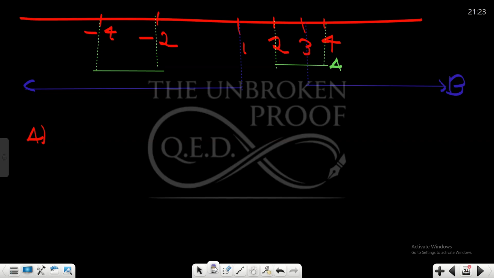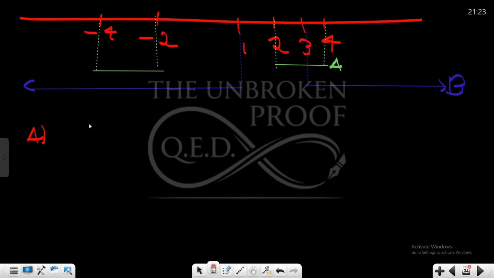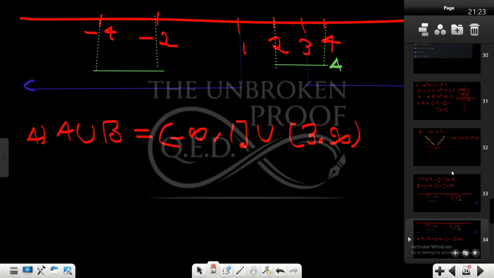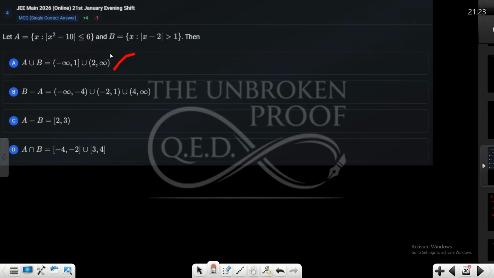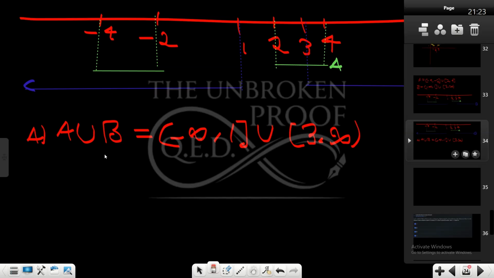That is your A union B, right? A union B is minus infinity to 1 union 3 to infinity, but the option says 2 to infinity, right? So this is wrong. So let me calculate everything and then finally we will evaluate.